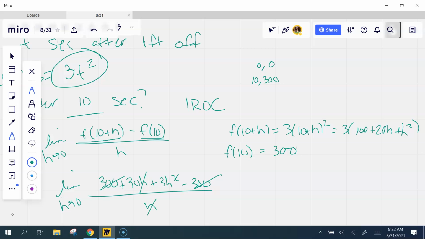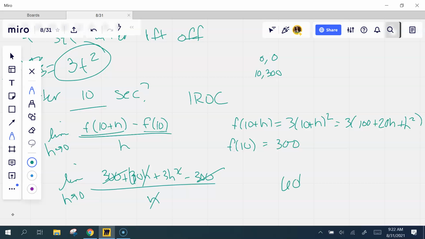Yeah, because 3 times 10 squared. Well, the equation's 3t squared. What is 300?